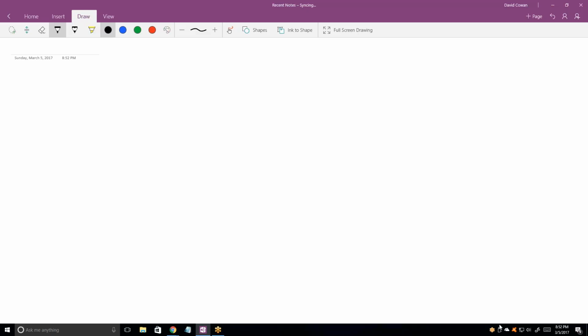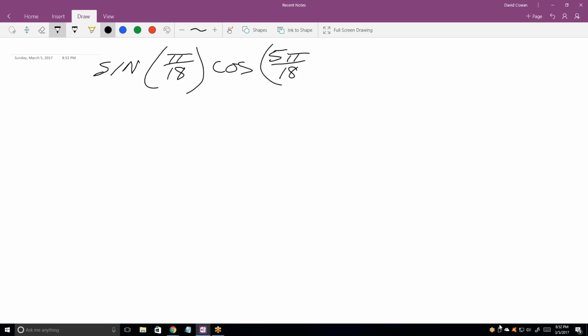All right, so using the sum and difference formulas, find the exact value of sine of pi over 18 times cosine of 5 pi over 18 plus cosine of pi over 18 times sine of 5 pi over 18.